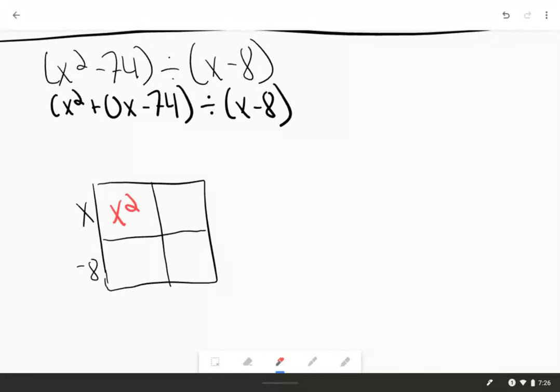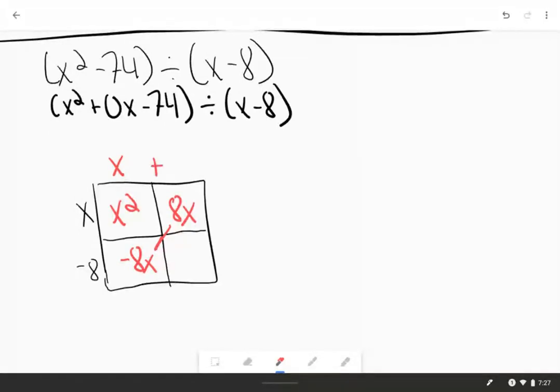So x times what? x times x is x squared, right? Negative 8 times x is negative 8x. Look at my diagonal. So I have negative 8x. All right, I need to combine it with something to get 0x, so this has to be positive 8x, because negative 8x and positive 8x will give me 0x.